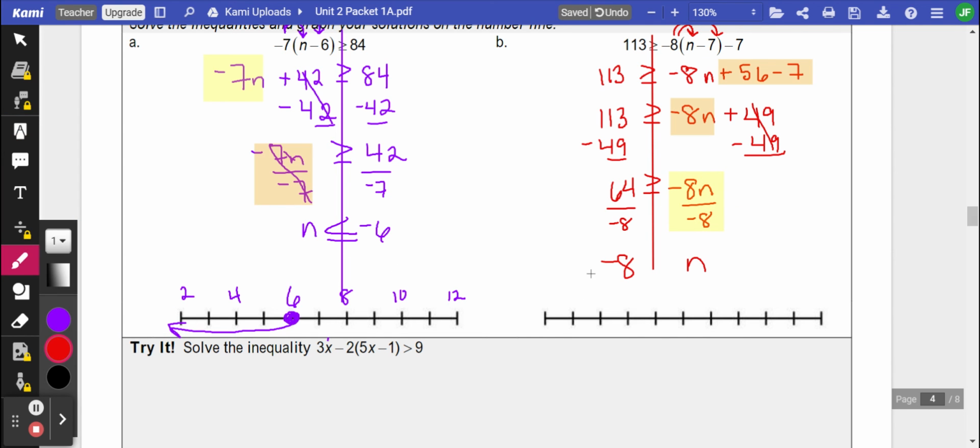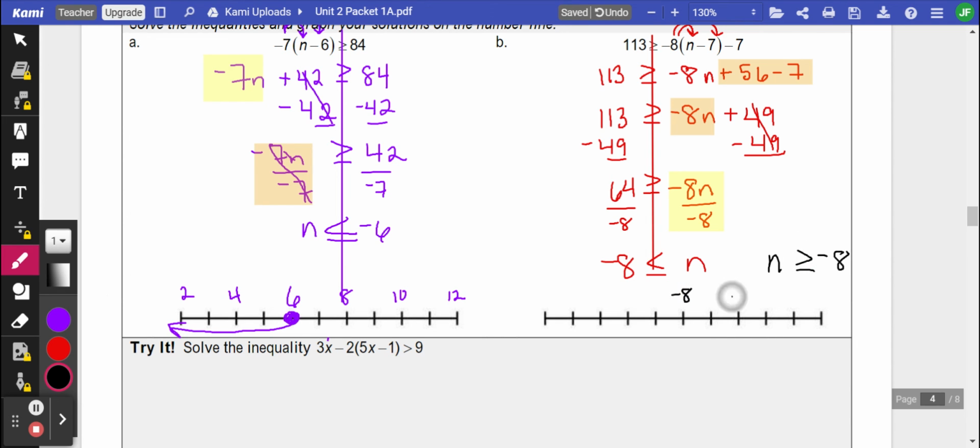So we need to remember to flip our inequality sign. And then I also am going to flip all of this over again because it's easier for me to graph if my n comes first and my -8 comes second. So when I do that, I have to flip my sign over too.